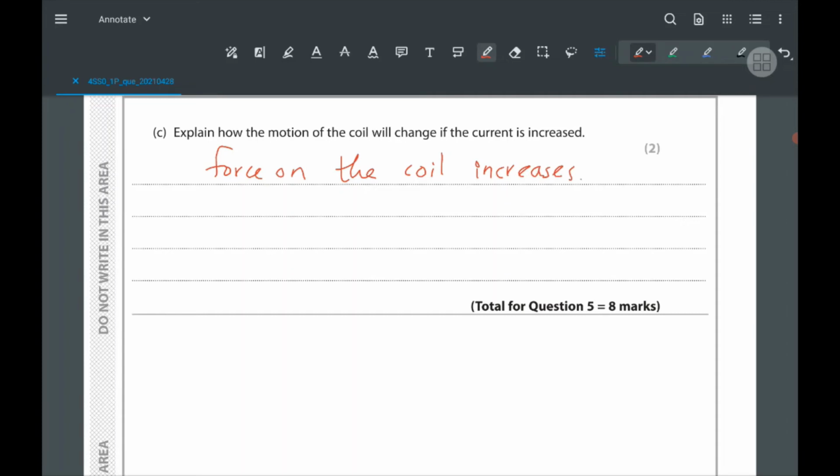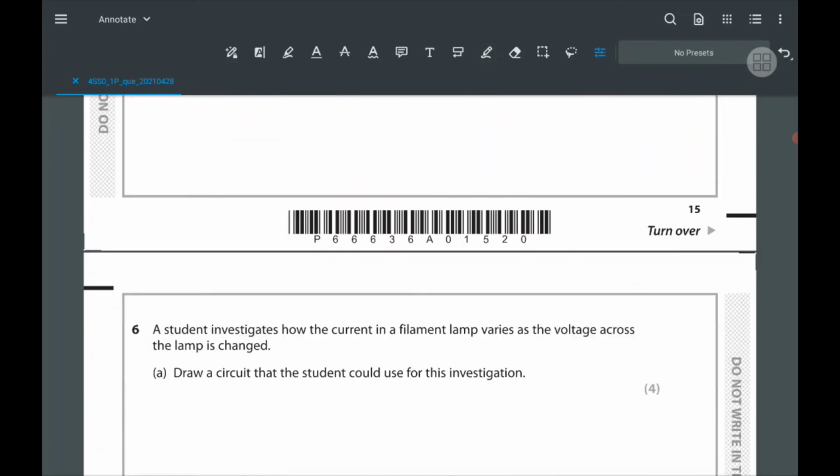Because of this reason, therefore, the rotation speed will increase.